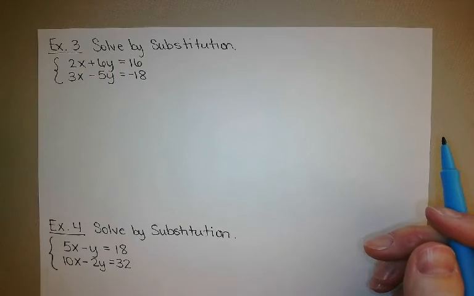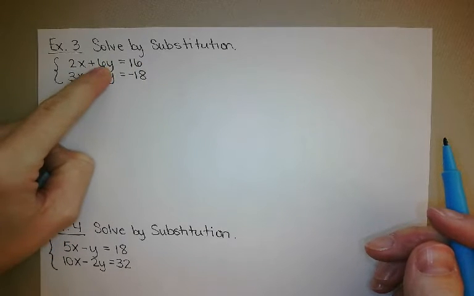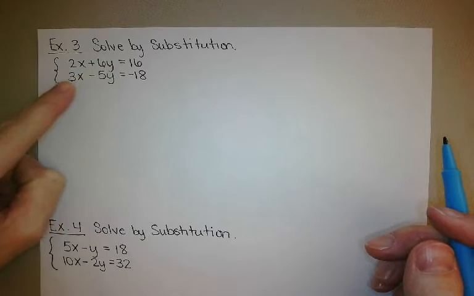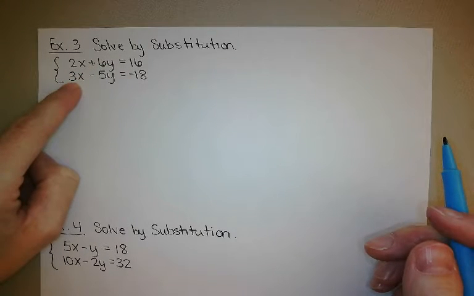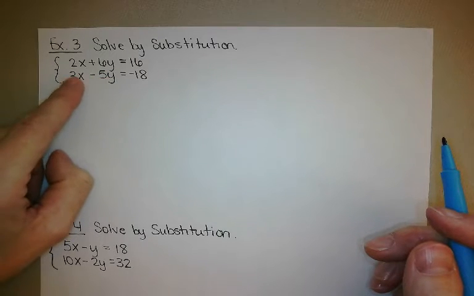Yes. Okay. Is everything in this equation divisible by a 6? No. So I don't want to pick that one. I could ask myself, if I want to use this equation, is everything divisible by a 3? No, 5's not divisible by 3, so I don't want to pick that one.